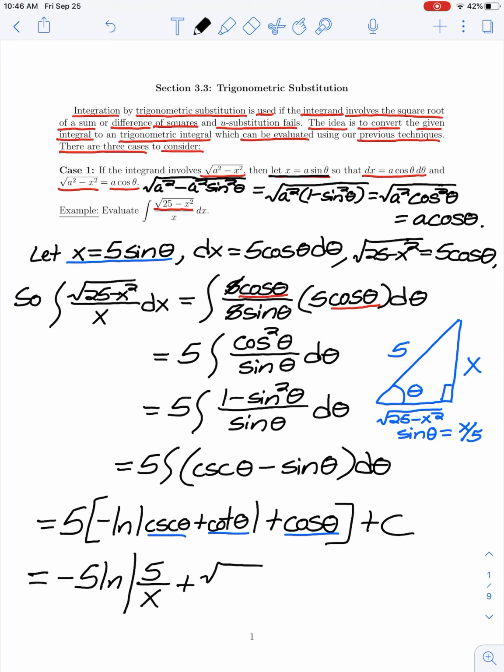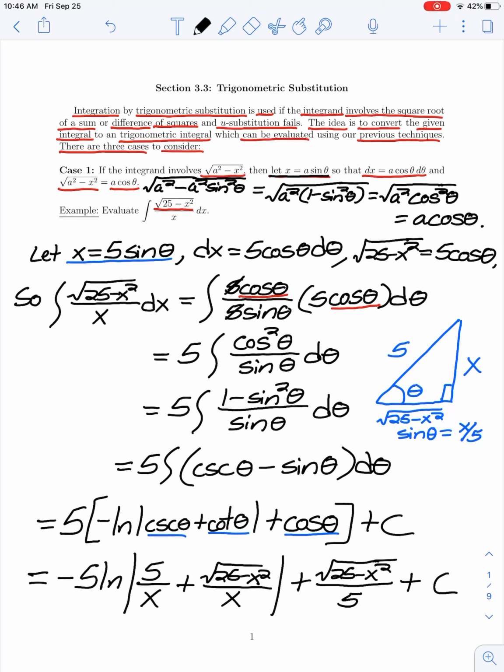So from our reference triangle, the edge adjacent to theta was the square root of 25 minus x squared, divided by the opposite edge, which was x. And then plus cosine of theta, which is given by the adjacent over the hypotenuse edges, so the square root of 25 minus x squared over 5 by using our reference triangle, plus our constant c.